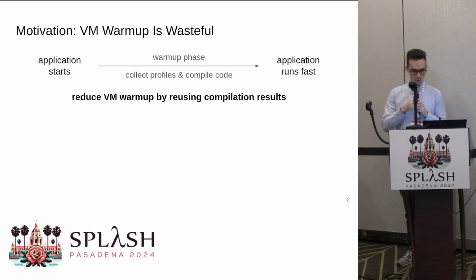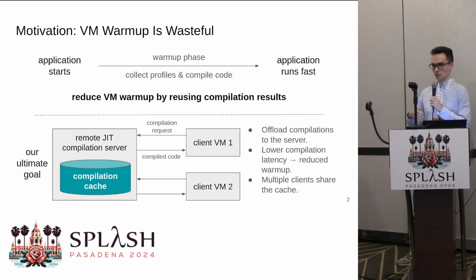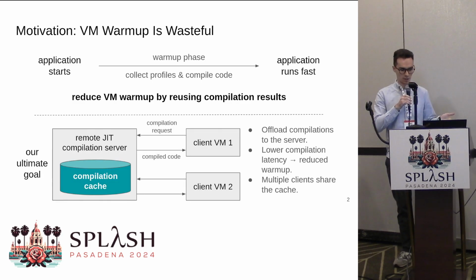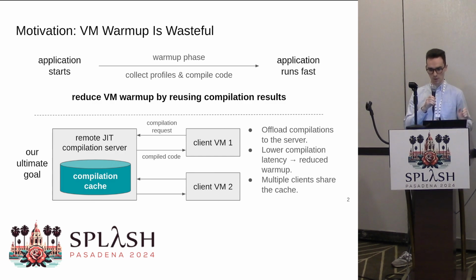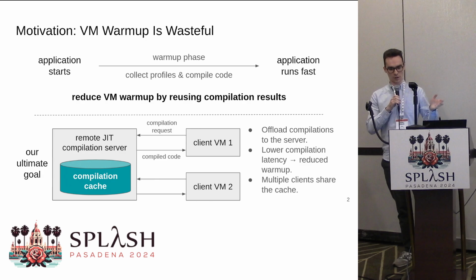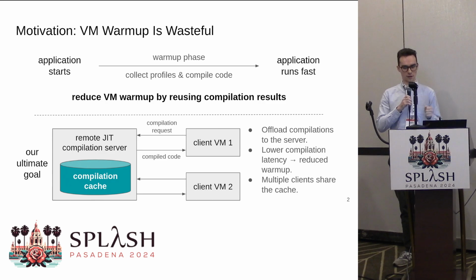So where our work should ultimately lead to in the future is we want to achieve a setup like this. So we want to build a remote JIT compilation server that can compile code on behalf of remote client VMs, and then it returns the compiled machine code to these clients.